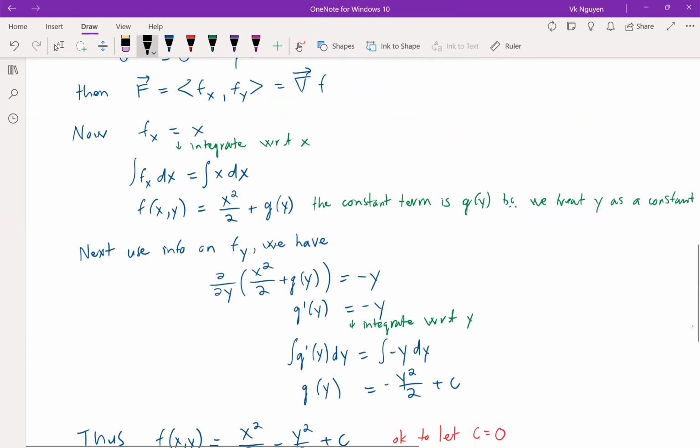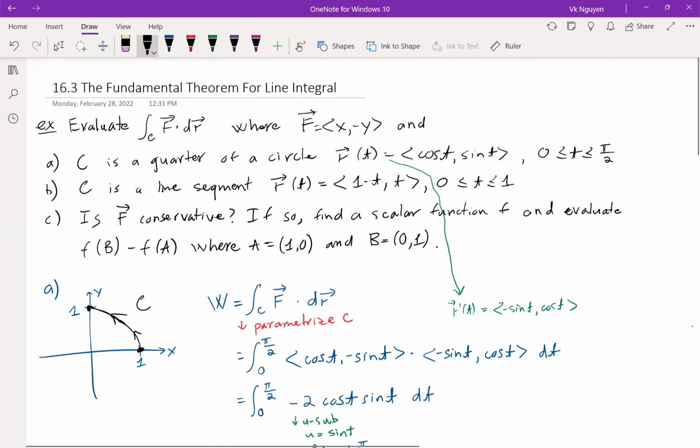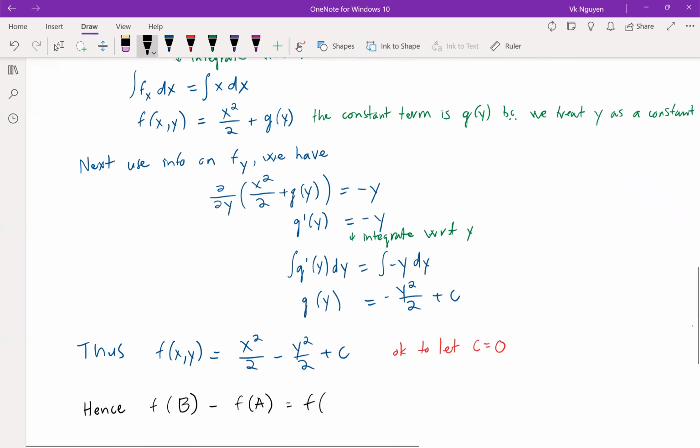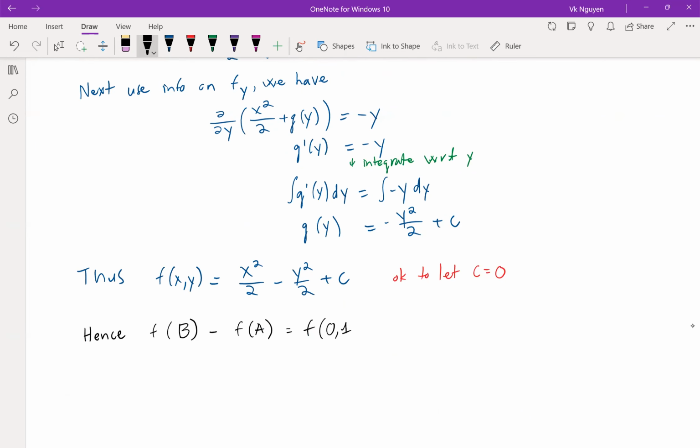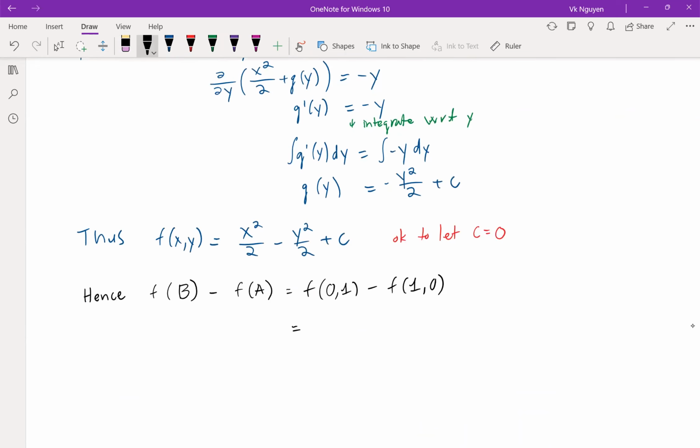F(alpha), what is B here? (0, 1). F of (1, 0). Okay, so f of (0, 1) is 0 minus 1 over 2 plus c.